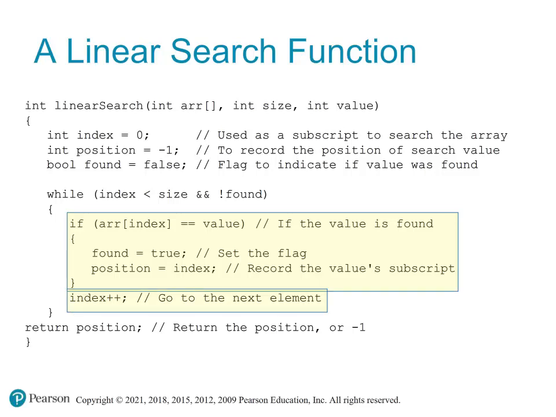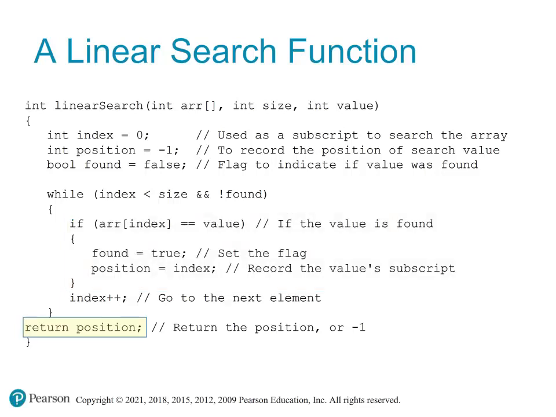Regardless of the if condition, index is incremented by 1 to move to the next element in the array. Finally, the function returns position, which will be -1 if the value was not found in the array. If it is found, it is the recorded value's subscript. We are doing this inside the if statement in the while loop.